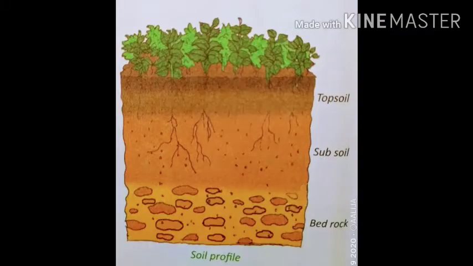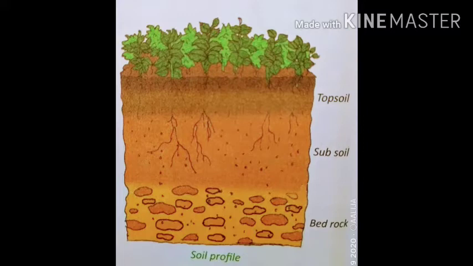Now, let us understand the most important point from this lesson, that is soil profile. Children, you know very well, soil is a mixture of mineral particles of different shapes and sizes. It includes living organisms, dead remains of plants and animals, air, and water.